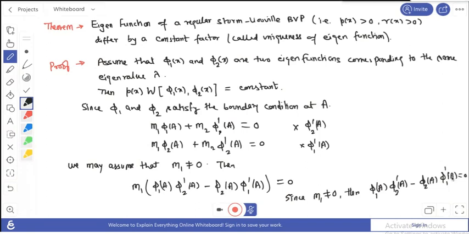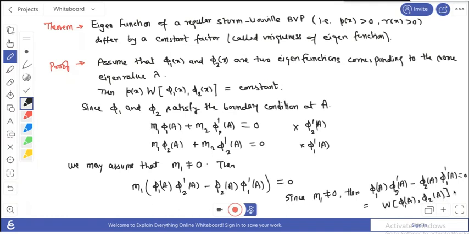This is basically the Wronskian of phi1(A) and phi2(A).